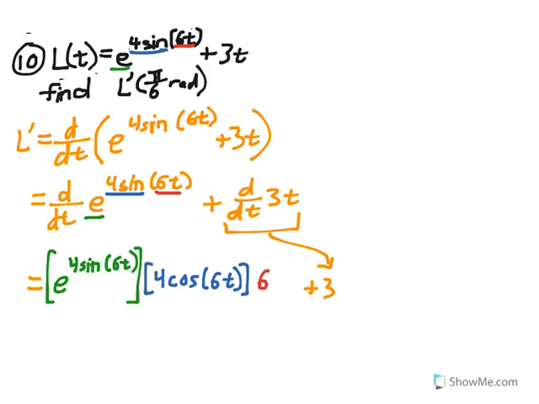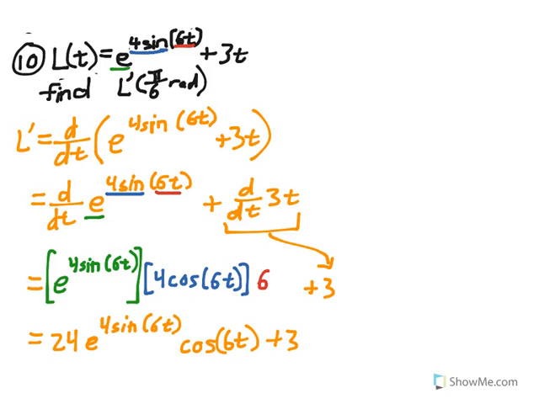Okay, so now all we have to do is clean things up and then substitute in the pi over 6, and so that's going to be 24 times the cosine, let's put the e function first, e to the 4 sine quantity 6t times the cosine of 6t plus 3. Alright, so that's our derivative, but we're not done yet.